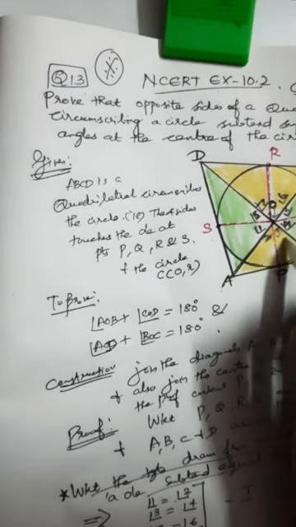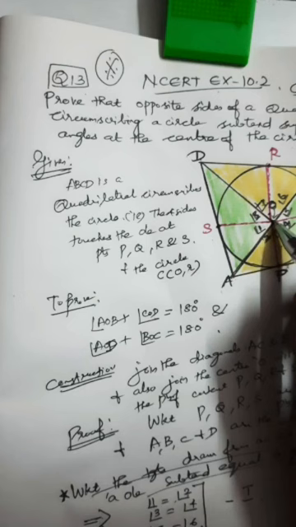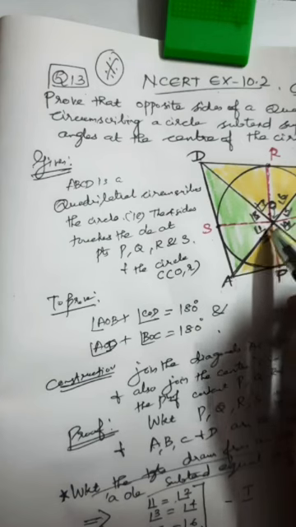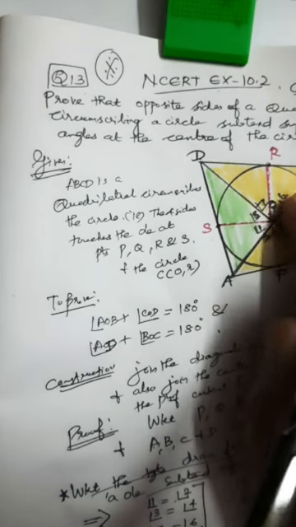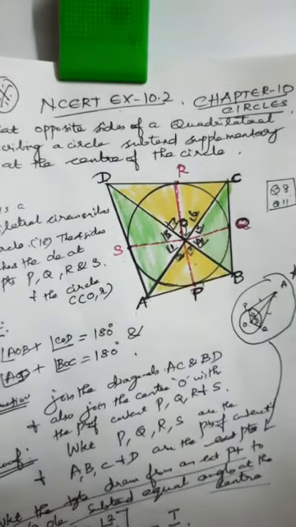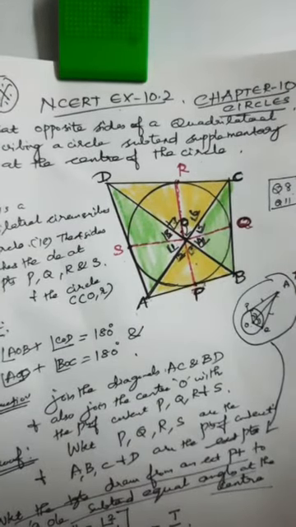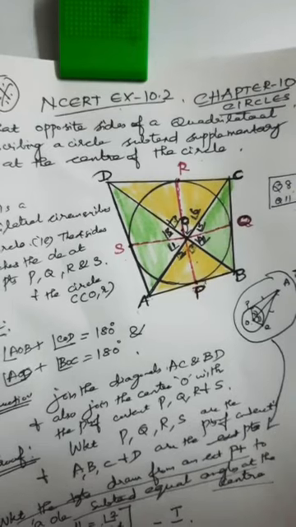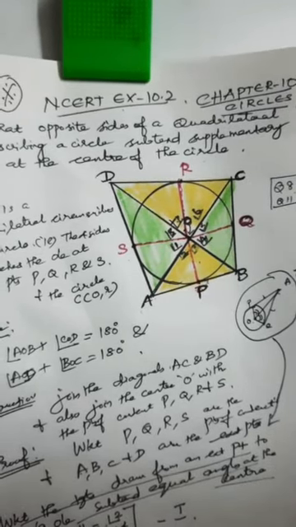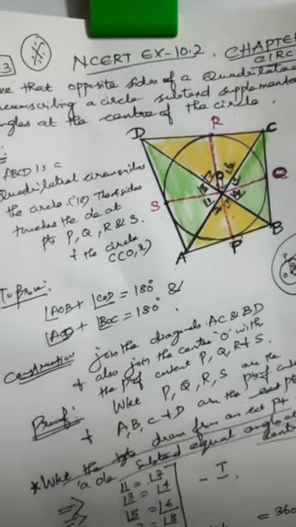Now if you observe this figure, the sum of the angles at a point, the sum of the angles subtended at the center, will be 360 degrees. So that concept we are going to make use of. The sum of angles at a point is equal to 360 degrees.